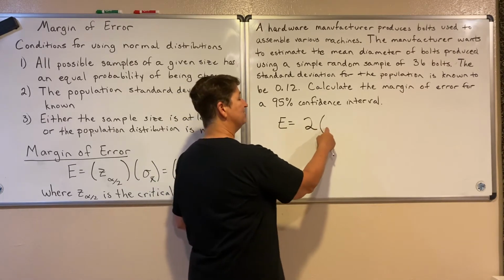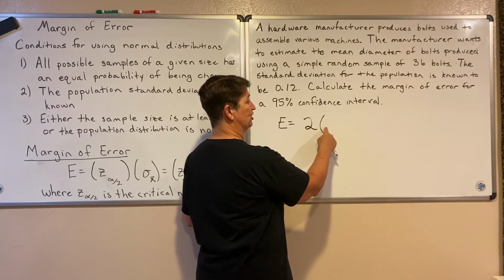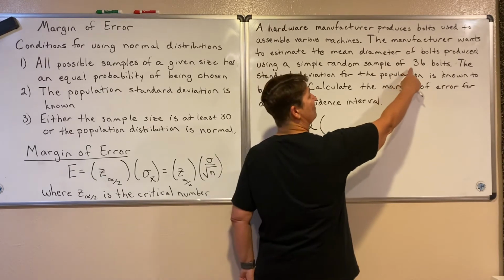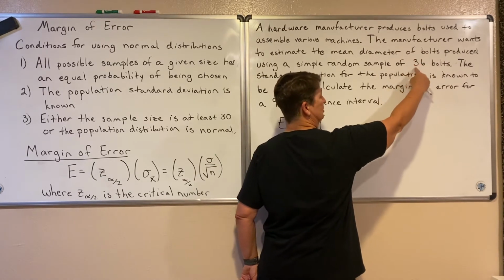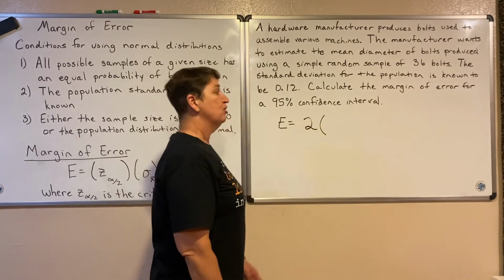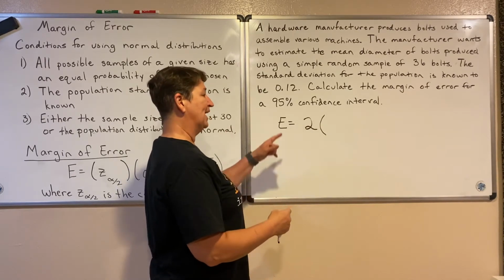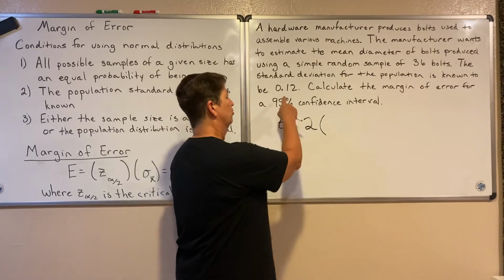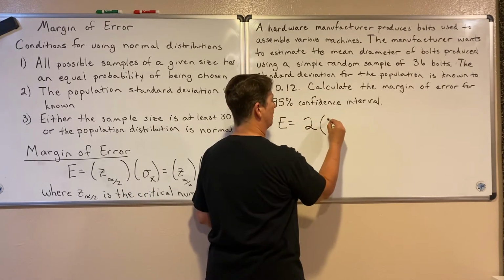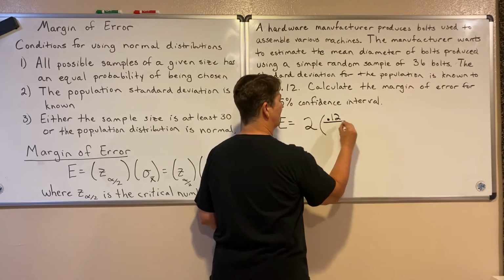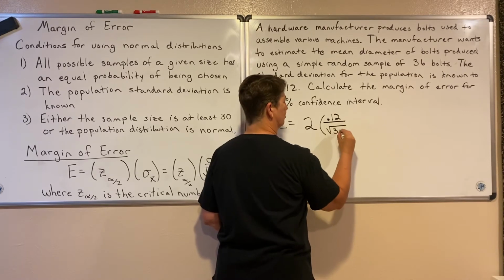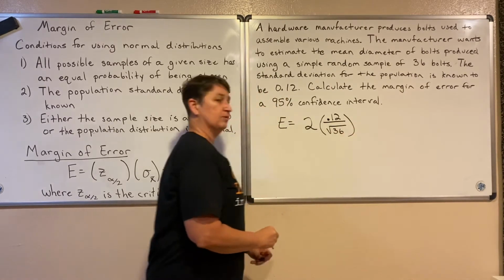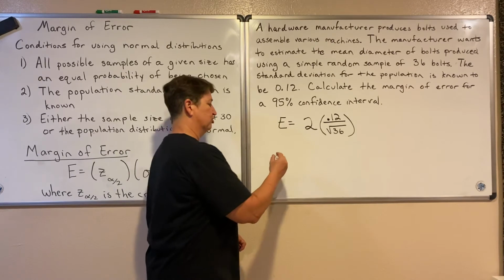So I just need to calculate my standard deviation. Well, I now have a sampling distribution because I've pulled a sample. So I remember to find that standard deviation of the sampling distribution, we take the standard deviation of our population and we divide it by the square root of our sample size. Now I'm just going to do some arithmetic.